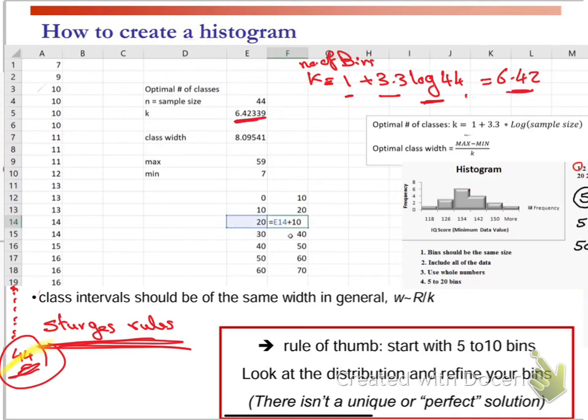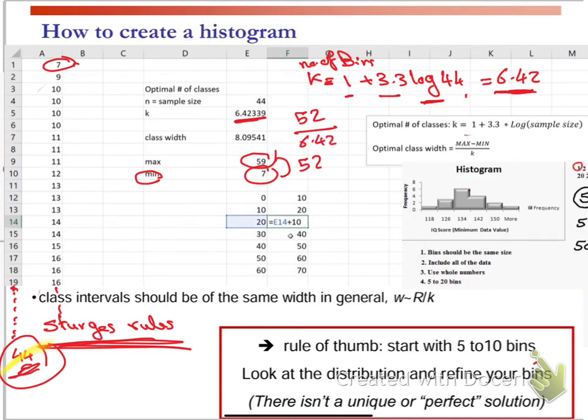So now we have the range, the smallest number and the biggest number. The minimum number was 7, and the maximum number, which is not here but appears in the next slide, was 59. So the range here is 52. If I divide the range 52, how many bins should I have? 6.42.